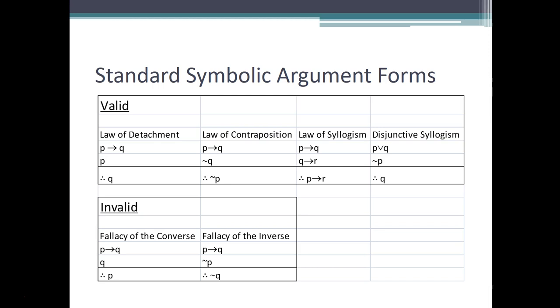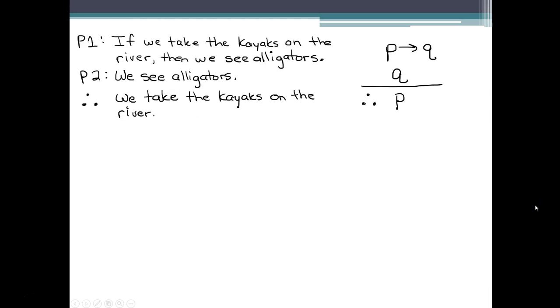Oh boy, another fallacy. Darn, I didn't pick one that was valid. Another fallacy. This was the fallacy of the converse. Interesting. So, invalid.